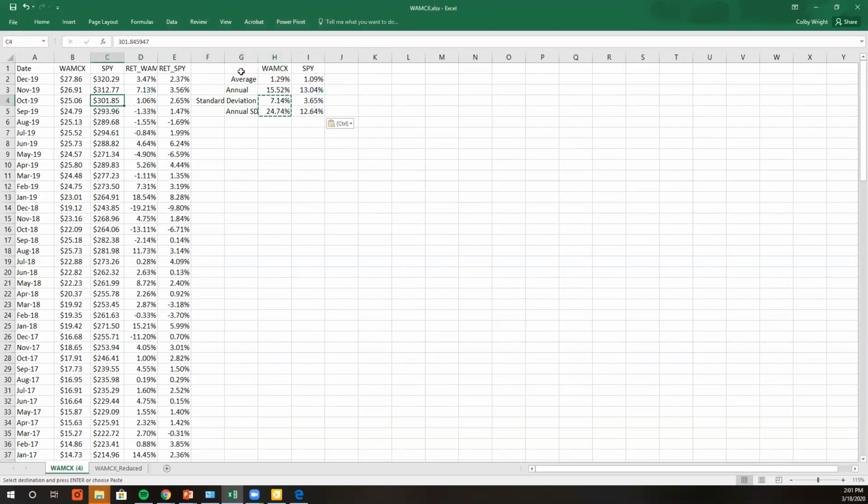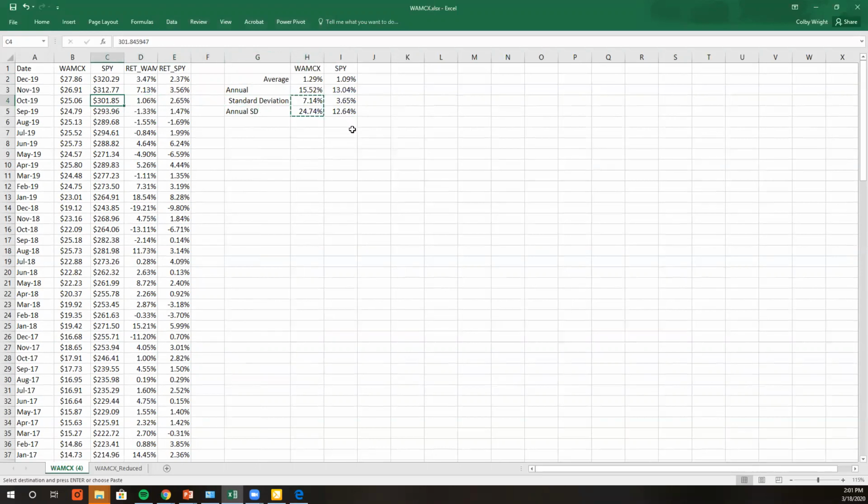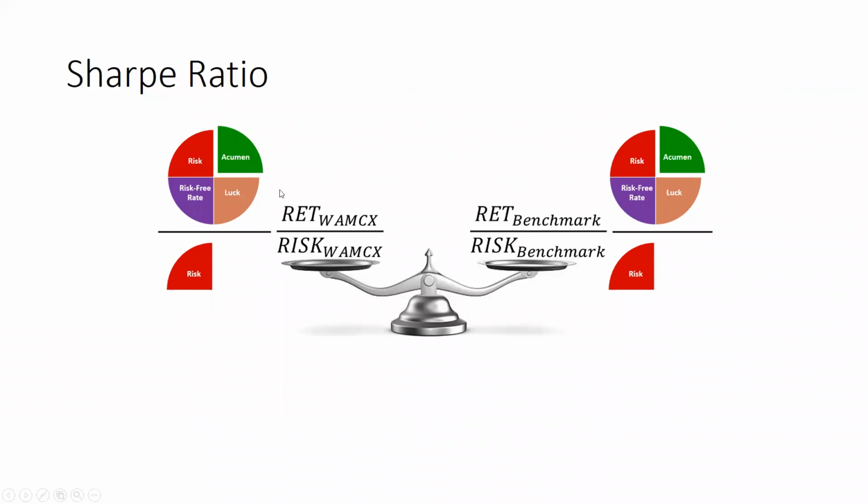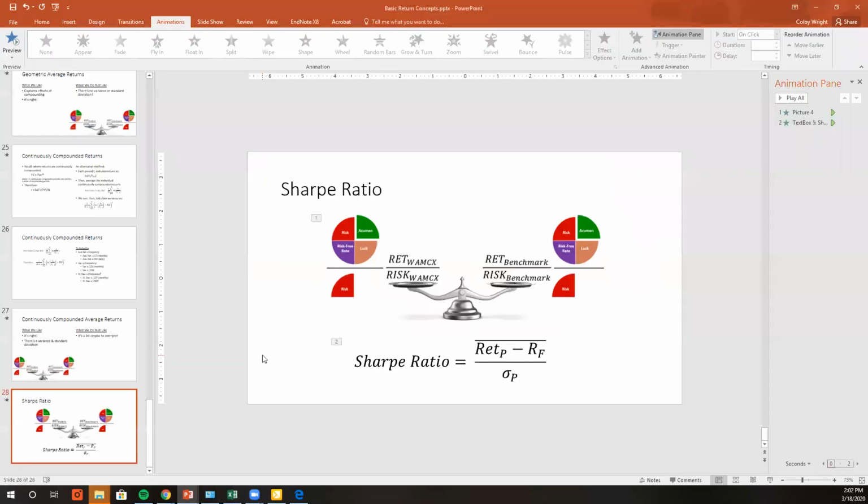All right, now, I do want to point something out, and this is the whole punchline. Remember, what we were really wanting to get to was this thing right here. I want to take the return and scale it by risk, because we don't know how much of the total returns is risk versus risk-free rate versus acumen versus luck. But this scaled measure can help us start to get at that.